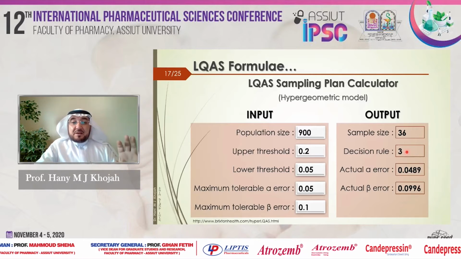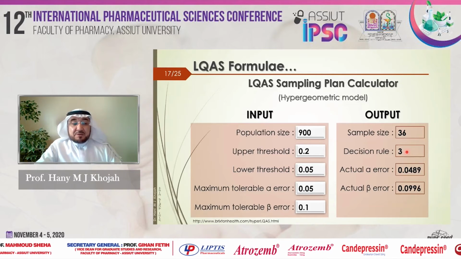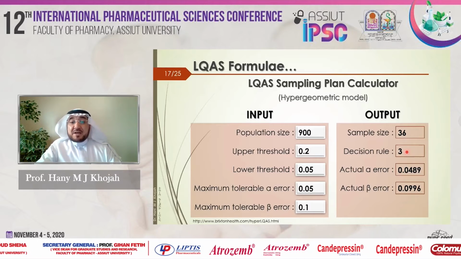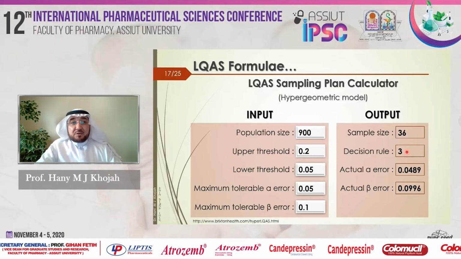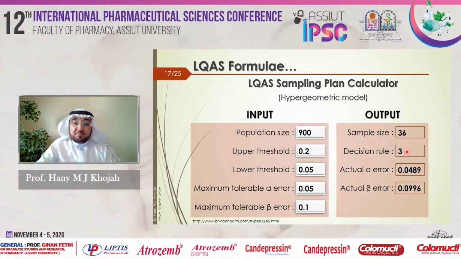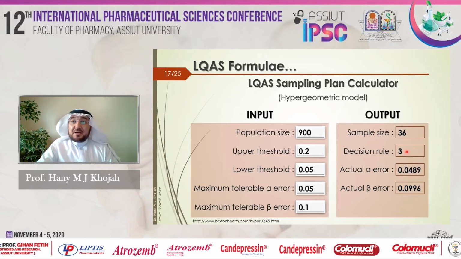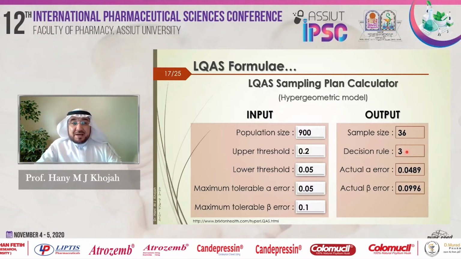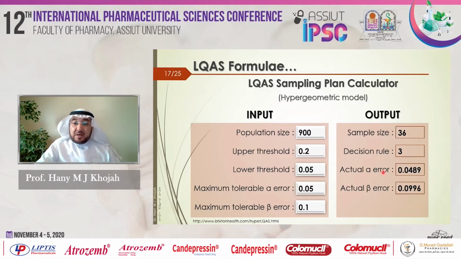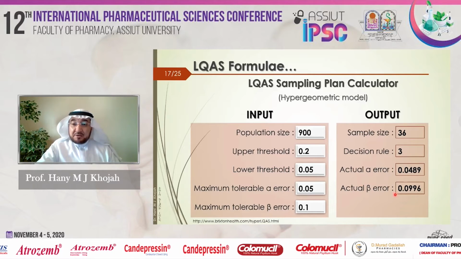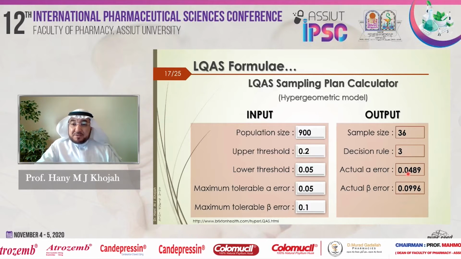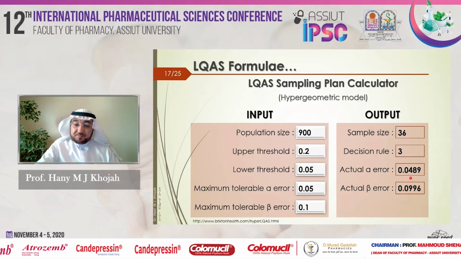It means that the counterfeit or low quality medicines are prevalent, more than, let's say, 20% based on our null hypothesis. So we can direct more resources to a certain area. And this calculator will show me the actual alpha and beta errors, which are almost 5% and 10% here.